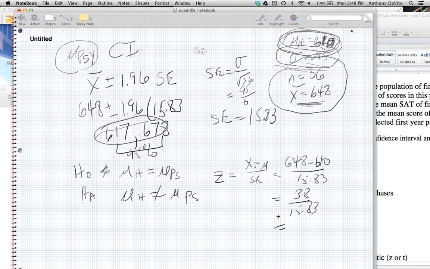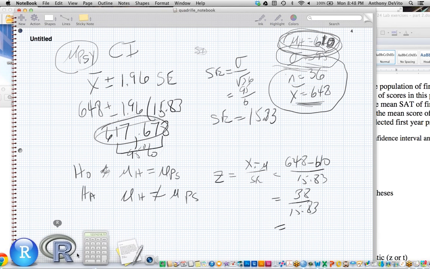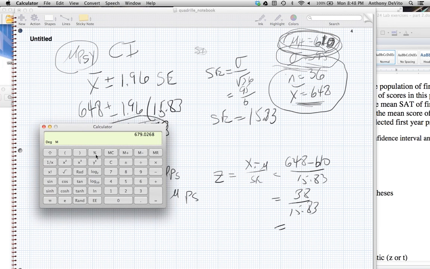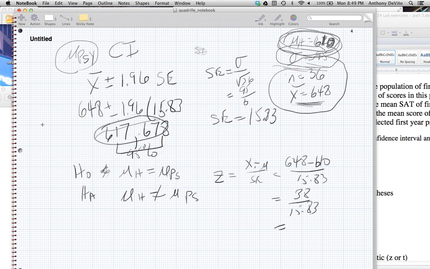In other words, how many standard errors apart are these? 38 divided by 15.83 equals 2.40. The fact that I'm above 1.96, or above 2, makes me feel real good about this, right? So now the z-score is 2.40.